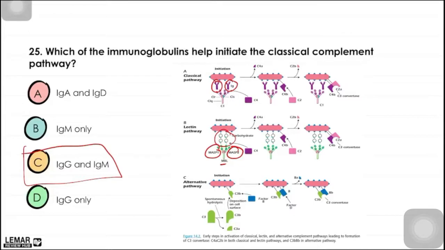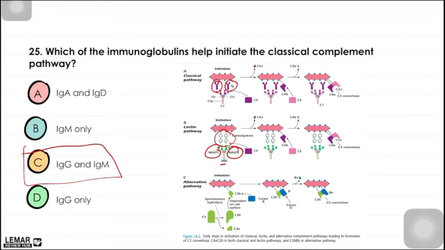Once bound to the bacterium, one of the proteases, MASP2, sequentially cleaves C4 and C2 to form C4b2a.